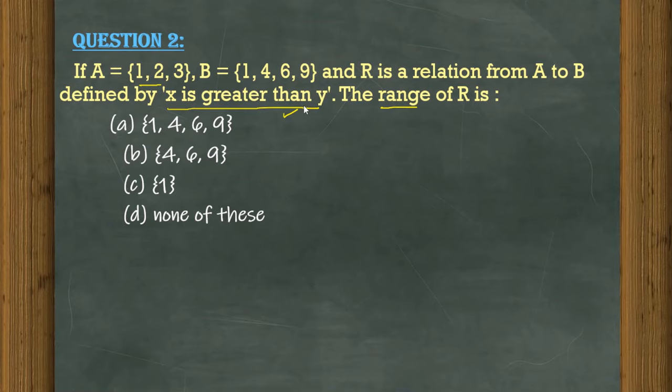X is greater than Y. So we'll take X from set A and Y from set B. So only one case we have. 1 is less than 2 and less than 3. So the relation can be 2, 1 and 3, 1. So what will be the range here? The range here will be 1. So our answer will be C.